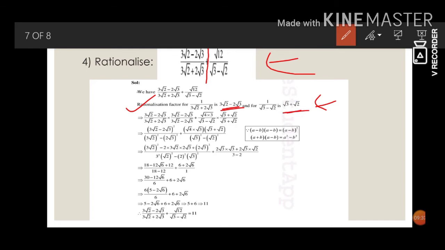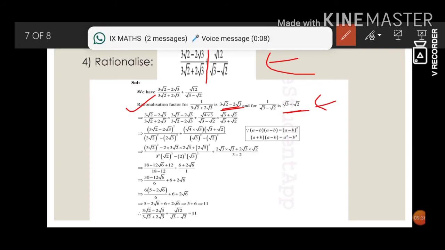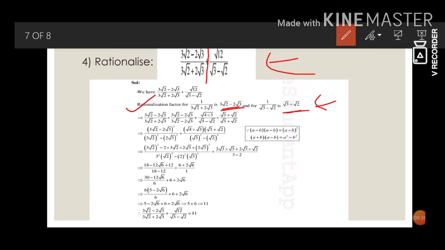And whenever we are multiplying, we will multiply in the numerator as well as in the denominator. So we will get something like this: 3 root 2 minus 2 root 3 whole square by 3 root 2 whole square minus 2 root 3 whole square, plus 4 root 3 into root 3 with it, we will multiply root 3 plus root 2.